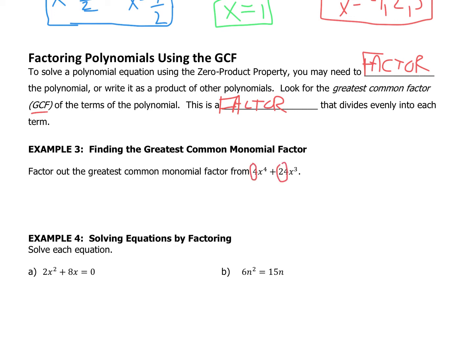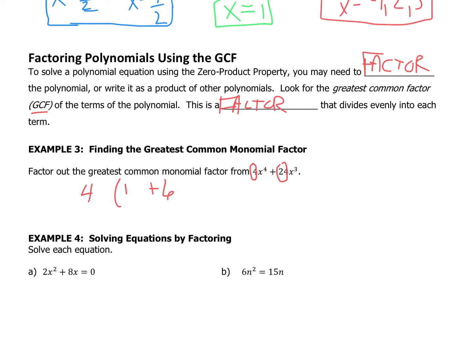Well, the greatest common factor would be 4. It's in both, so I'm going to pull that out. I need it to stay a 4 and a 24, however, so I can't just take out the 4 and then let everything else fall away. So think about, on the inside, that would leave me with a 1 and a 6 if I was to go backwards and pull out the 4.